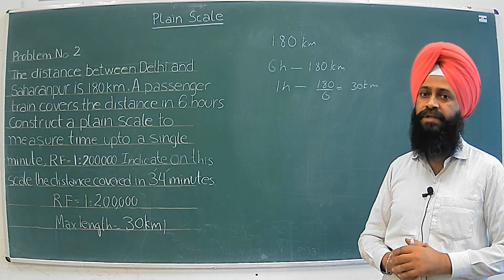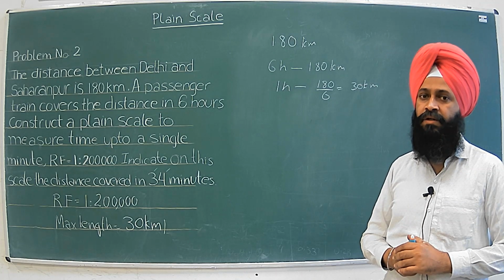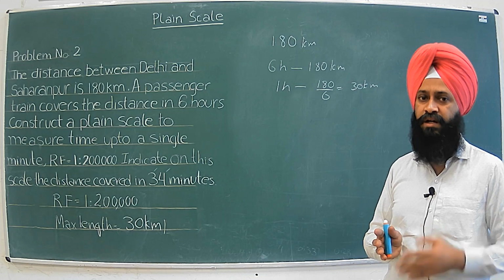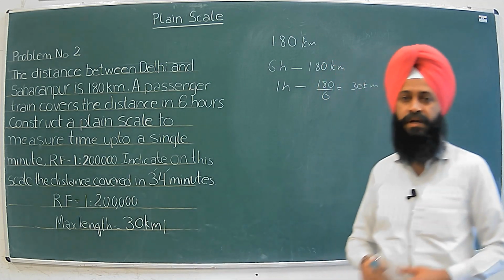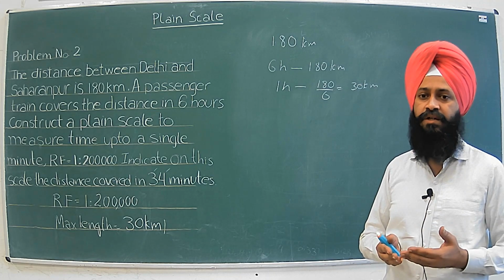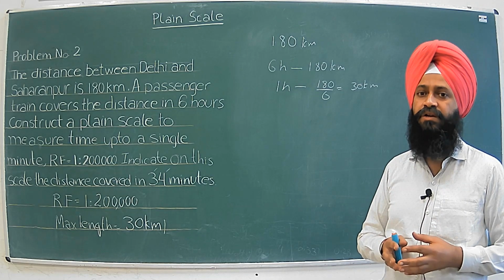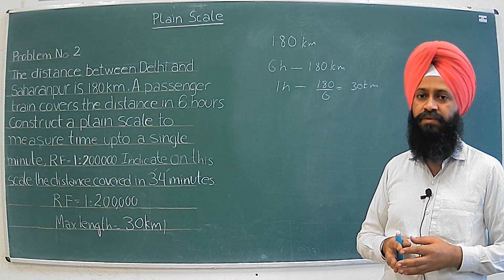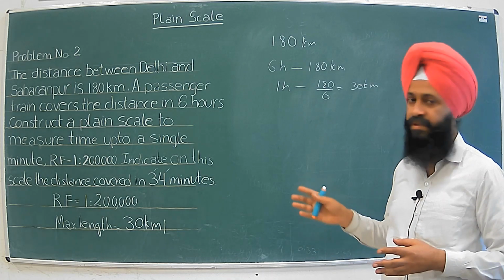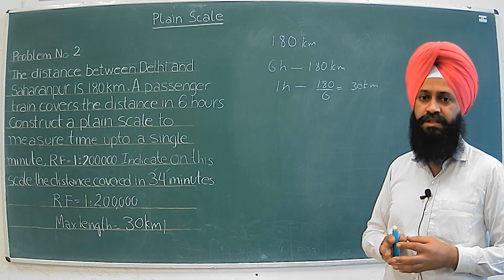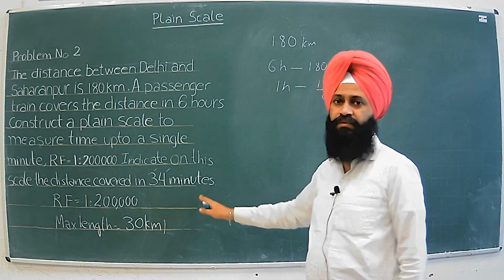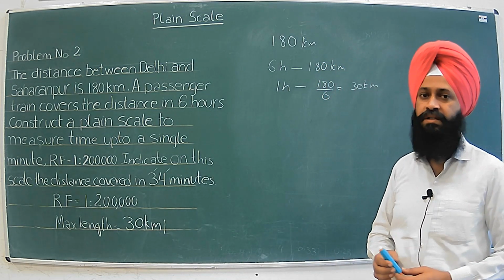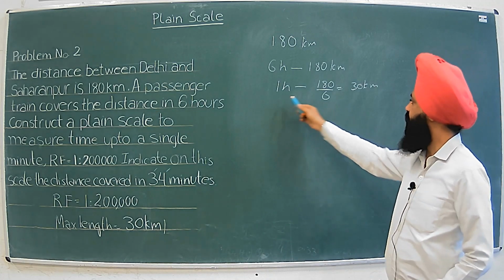So if we construct a scale for 1 hour, we can easily measure 34 minutes. We consider 1 hour equal to 60 minutes, so we draw a scale in which time is 60 minutes, and on it we will represent 34 minutes and convert these minutes into kilometers using the relation.